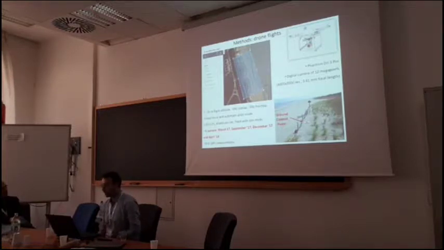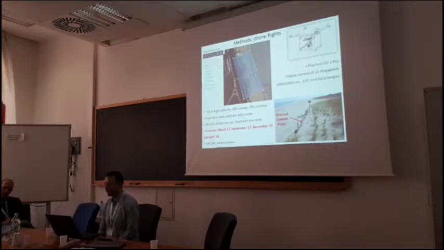We used on the ground, on the dune surface, 20 ground control points for each survey, which are wooden squares of 60 by 60 centimeters, white and red, and we measured the crosses with an RTK GPS.